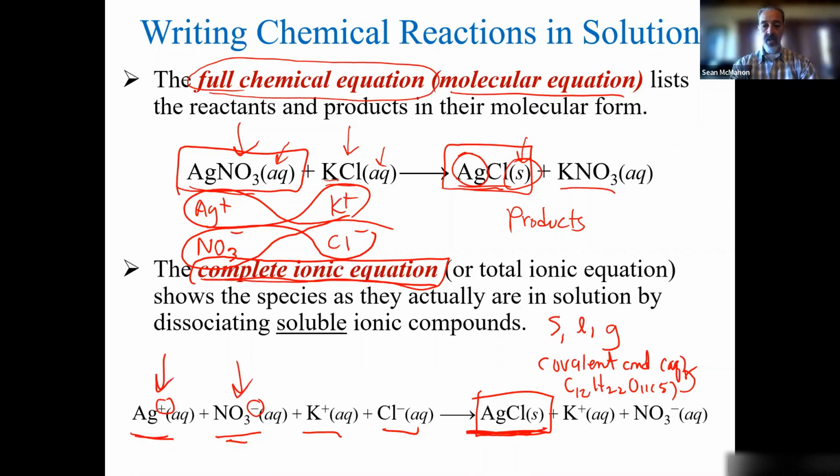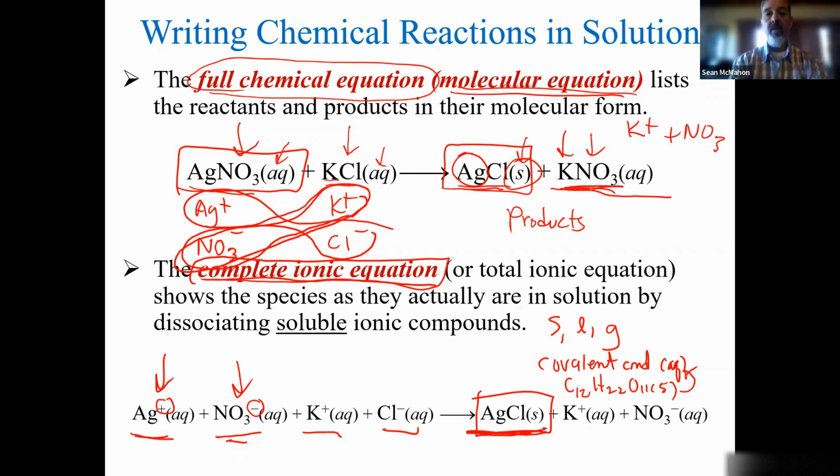What I also notice is a potential product, potassium nitrate, in the molecular equation. I get that formula from the crisscross between the positive potassium and the nitrate, and I write out the neutral formula so that I can balance this full chemical equation.